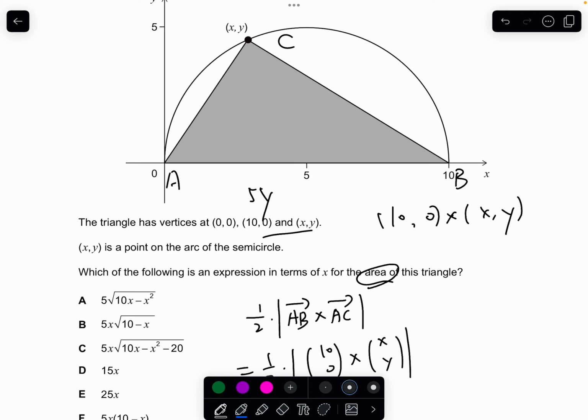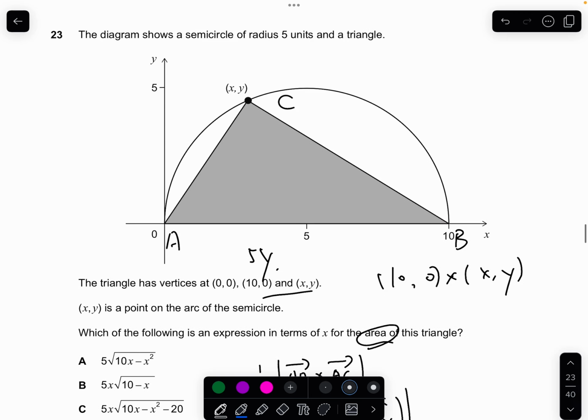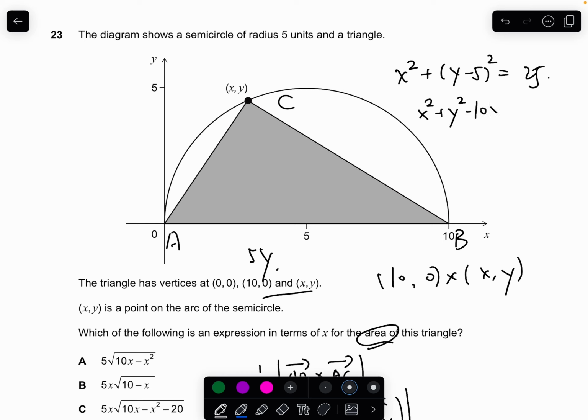It's just 5y, right? 5y, and y equals x squared plus (y minus 5) squared equals 25. So we have this. This would be right.